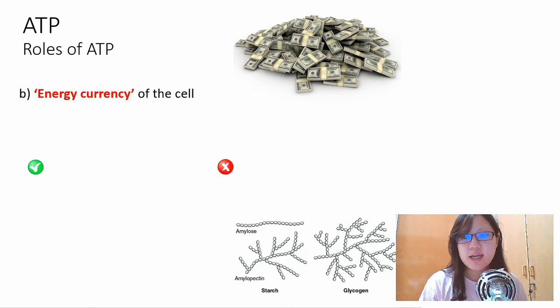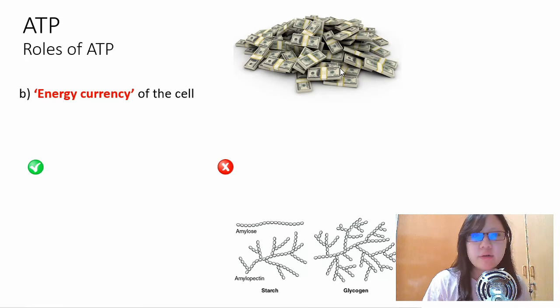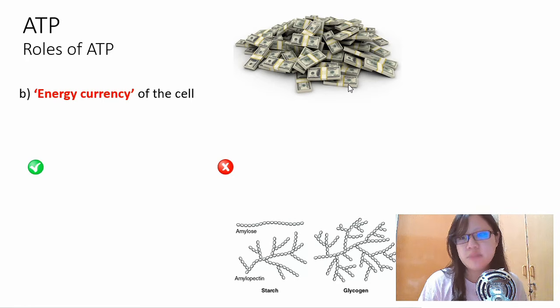The second one is that it is an energy currency of the cell. Now, when you talk about currency, you think of money, right? In real life, we don't have the barter system anymore. I give you a chicken, and then in exchange, you give me half of your cow. We don't do that anymore. We use cash. We earn money in cash, and then we spend money in the form of cash.